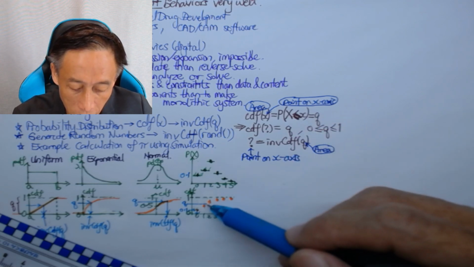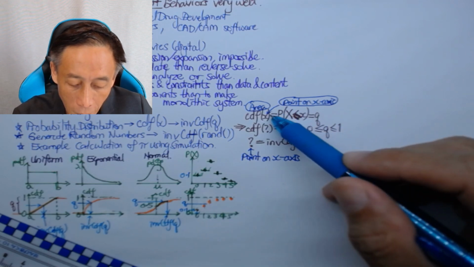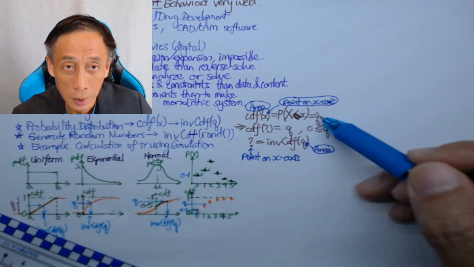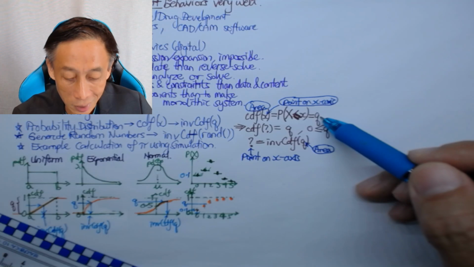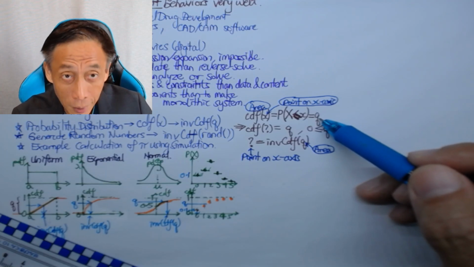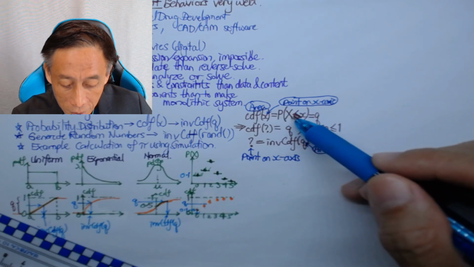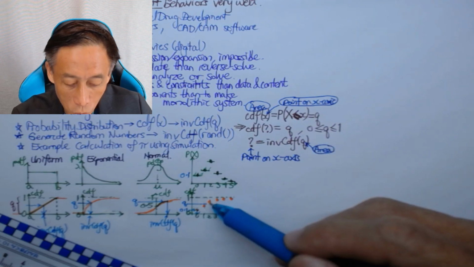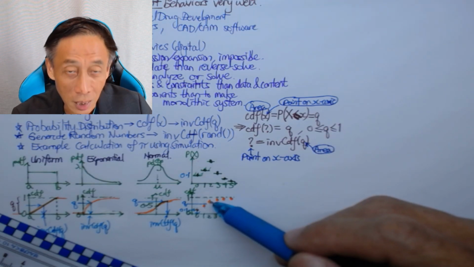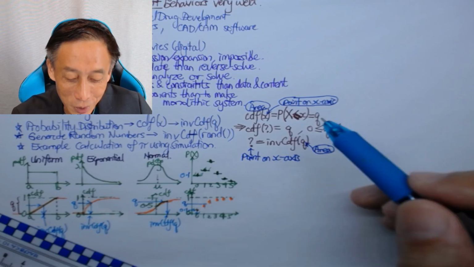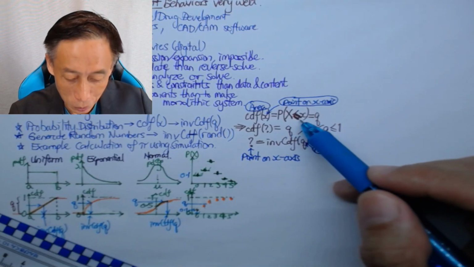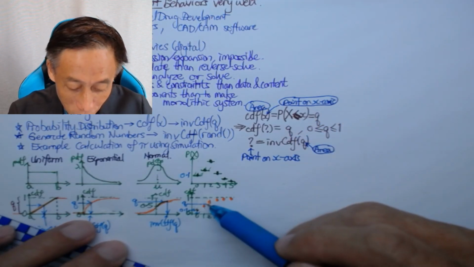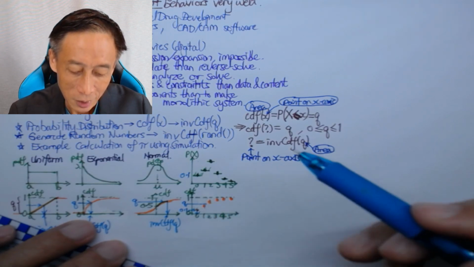If we take CDF of 2, then it will be more than 0.6, right? So it may be 0.68. And the probability of x less than or equal to 2 is going to be 0.7, larger, right? Let's say 0.5, 0.6, 0.7.